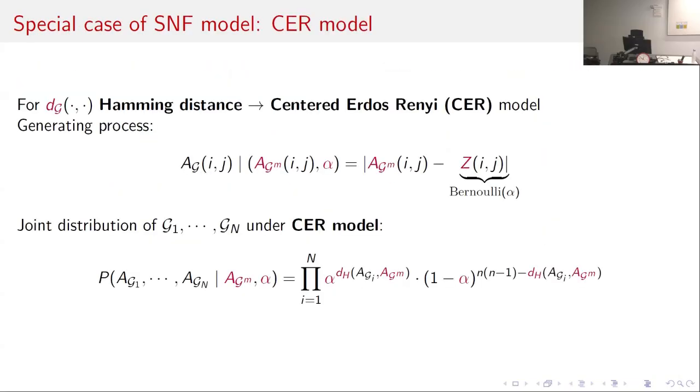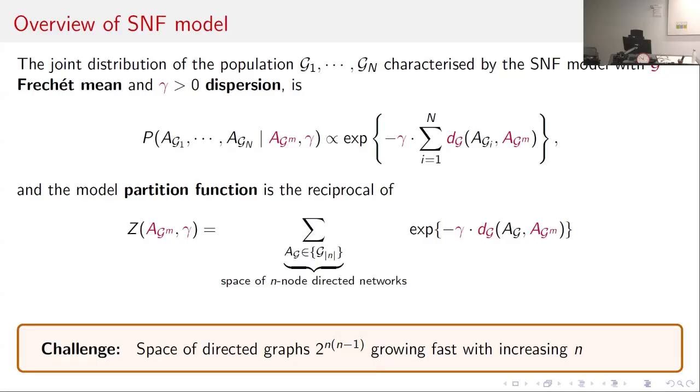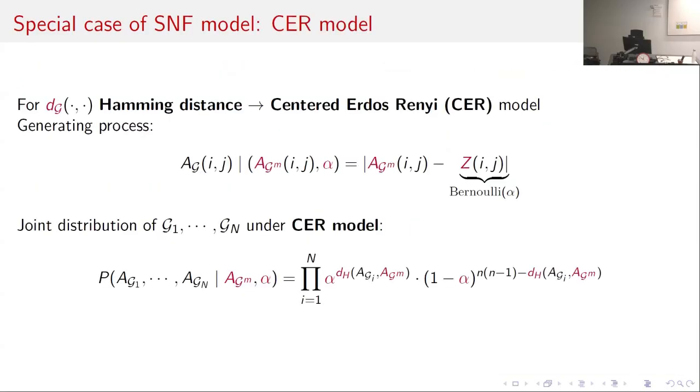But before that, I just want to mention another special case of the SNF model, which is the SER model, the centered Erdős–Rényi. When you specify the Hamming distance in the SNF model, Gomez et al. obtained this joint distribution of the networks given a mean network and a dispersion, which is a product of Bernoullis.